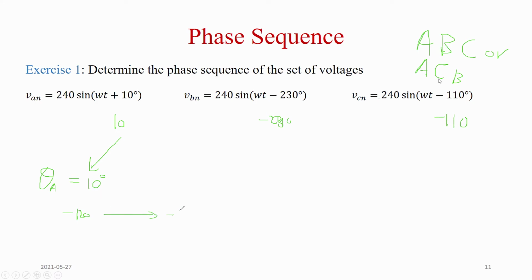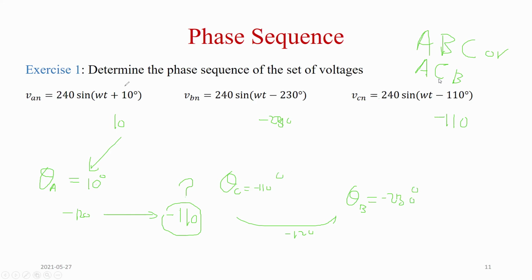It's going to be minus 110, right? 10 minus 120 is minus 110. The question you ask yourself is, is this C or B? You see it's C. So basically, the second one that comes after this is theta C, which is minus 110. Then you're going to subtract another 120, and you're going to see the angle for B, which is minus 230.